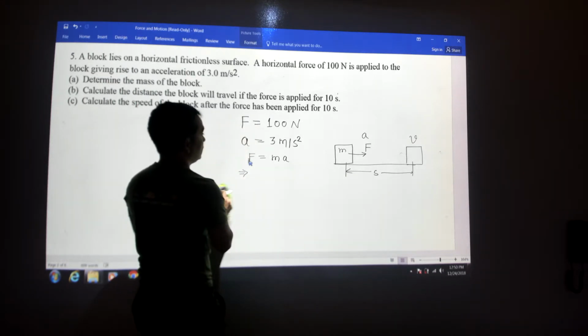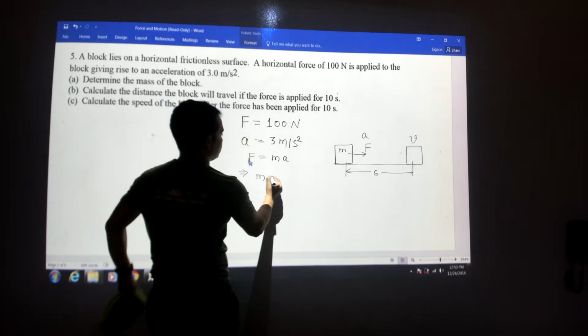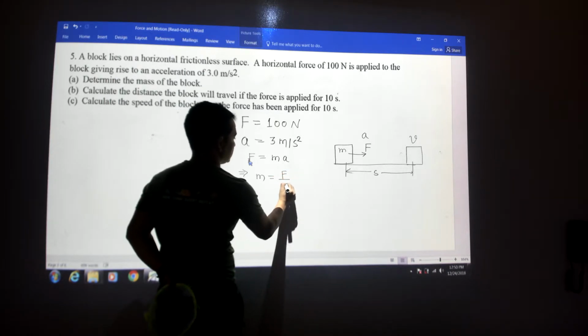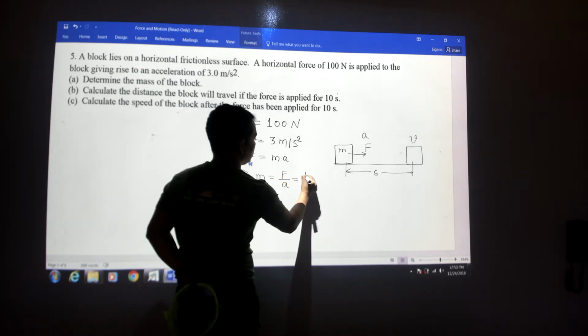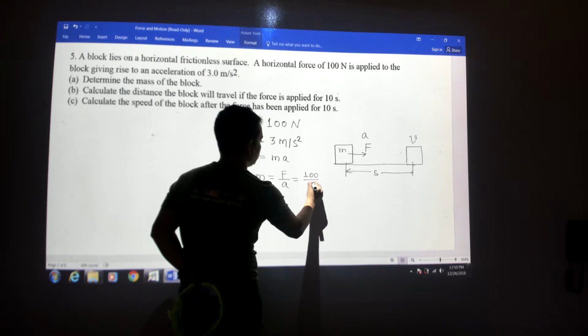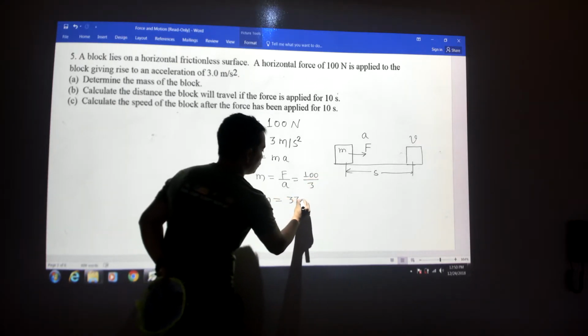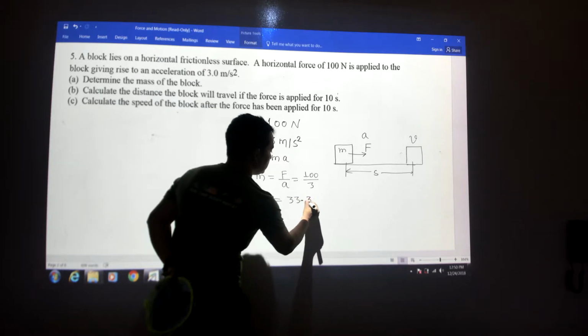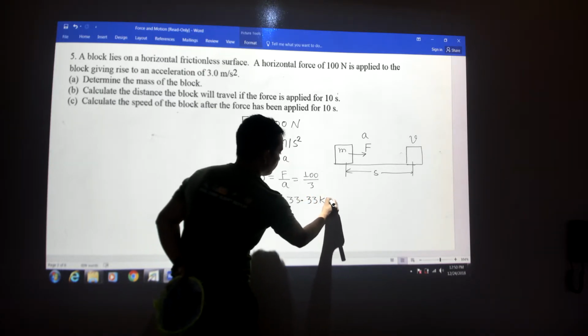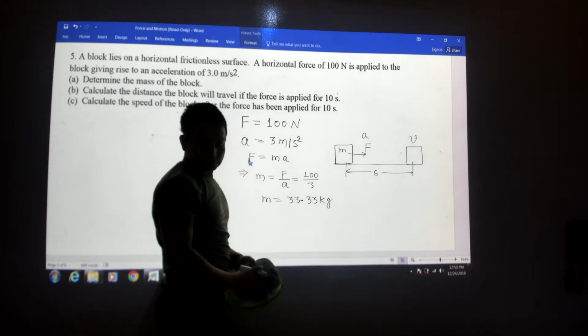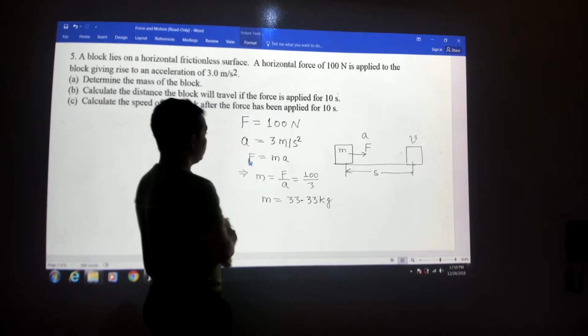So mass is equal to force per unit acceleration. Force is 100 divided by 3. The mass is equal to 33.33 kilogram. This is your mass now. And this is part A.